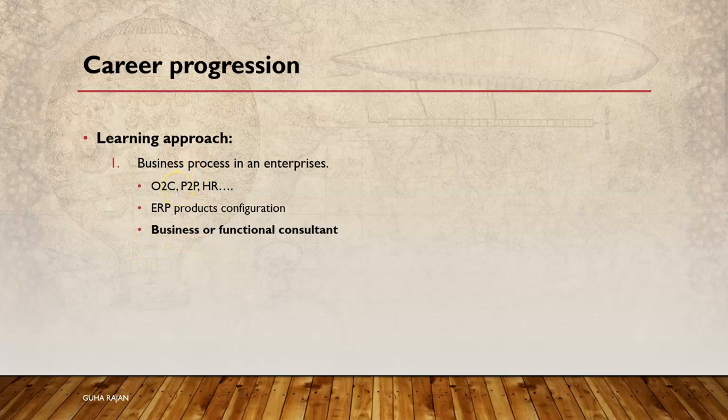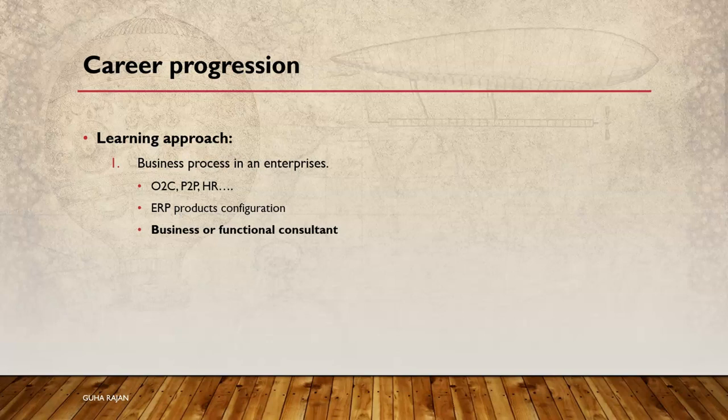If you are on the finance side or the supply chain side, then you need to learn business processes like O2C, that is order to cash, or procure to pay, or HR processes, which involve something like recruitment to retirement. Once you have knowledge of the business processes, then you learn about ERP product configuration.